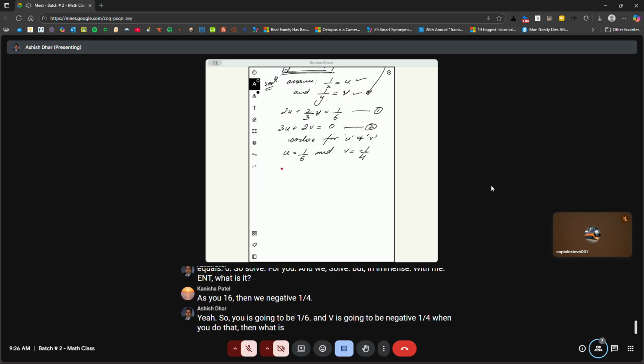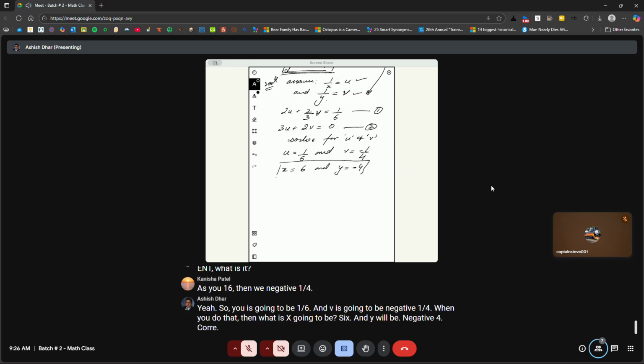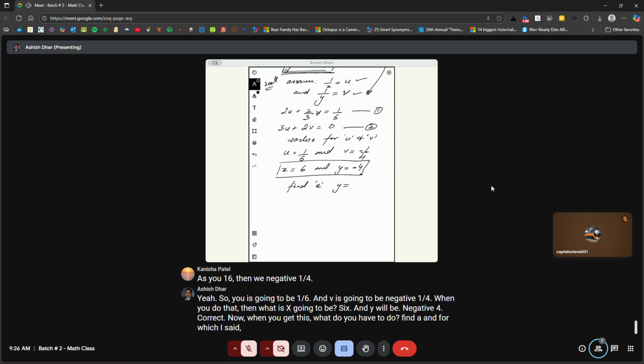When you do that, then what is x going to be? 6, and y will be -4. Correct? Now, when you get this, what do you have to do? Find a, for which I said y equals ax minus 4.